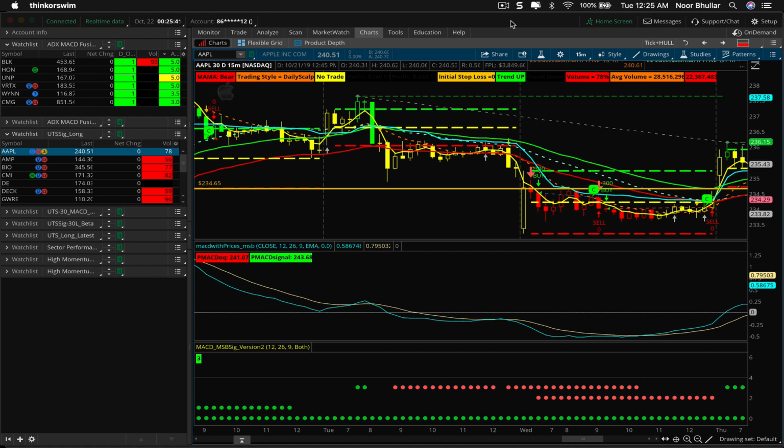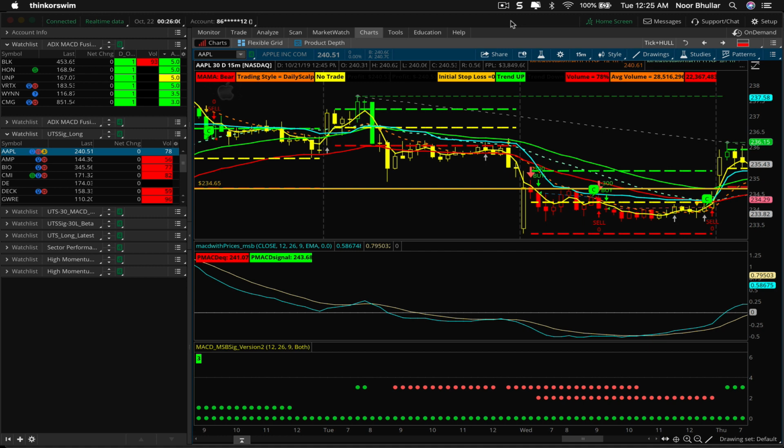Convergent divergence. Now, most of you are familiar with the MACD indicator and use it on an ongoing basis within your trading strategy. But what I'm going to show you today is a slightly more sophisticated way of approaching the use of MACD.